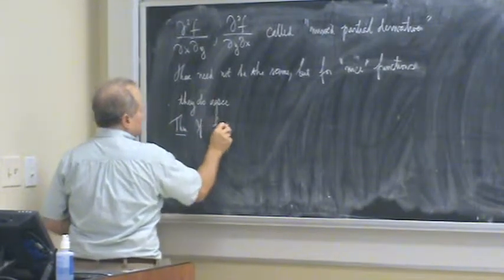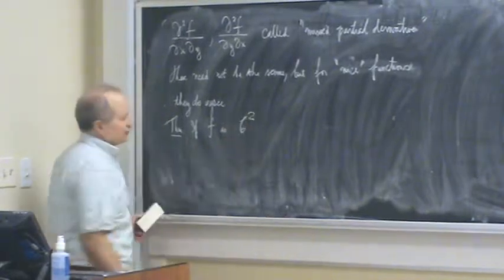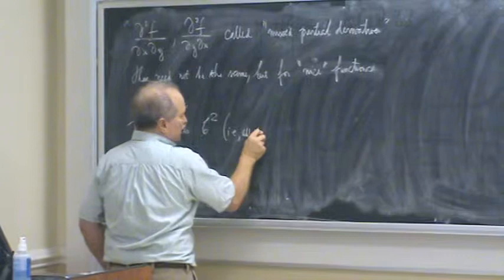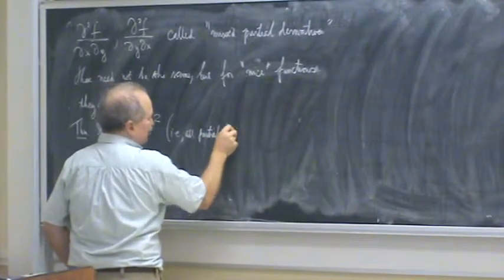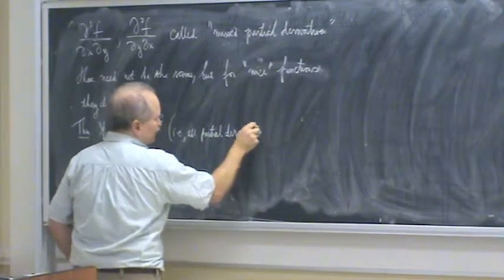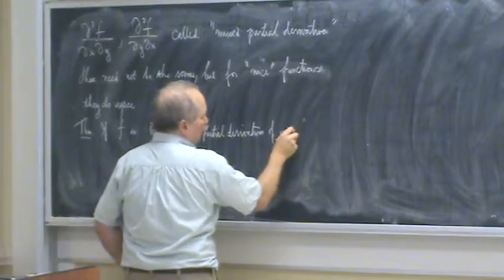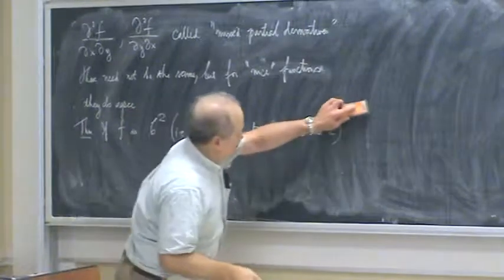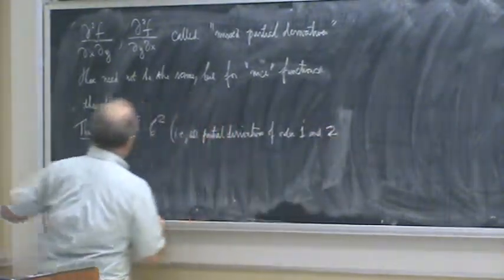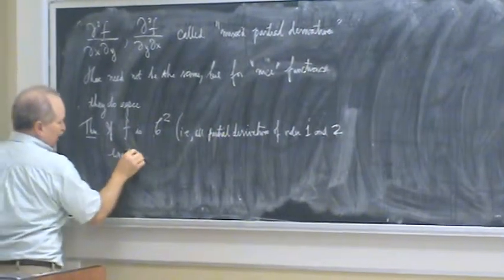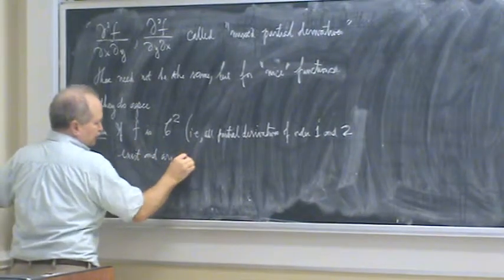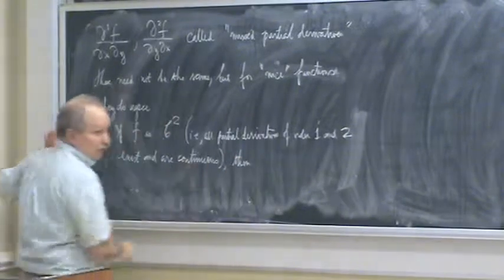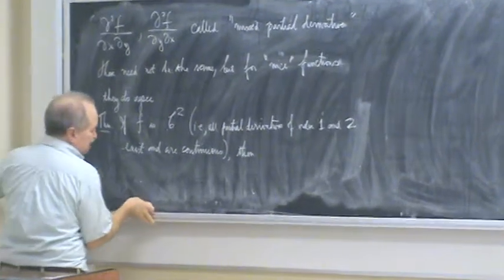Actually, the theorem is going to be: if f is C2, i.e. all partial derivatives of order 1 and 2 exist and are continuous, then mixed partials are equal. Now, this is actually overkill.